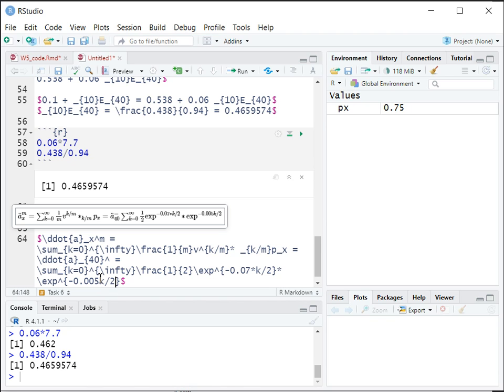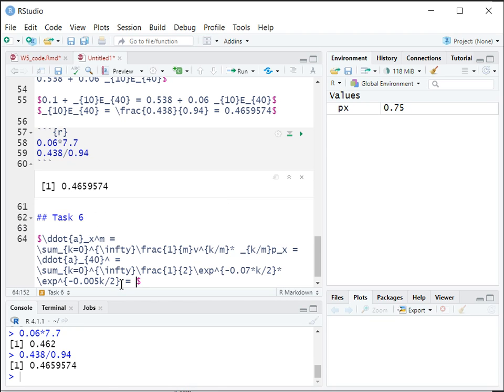So this kind of formula we applied. Our v to the power k/m and k/m p_x are transformed, because we have the mortality rate given, and we expected that our exponent can be placed here.